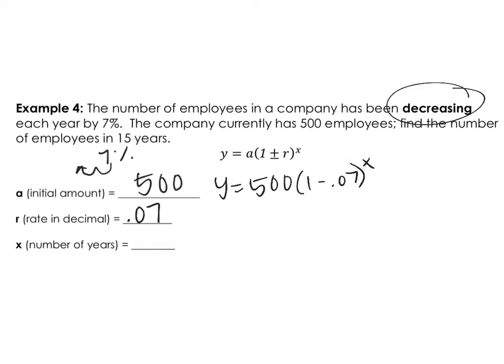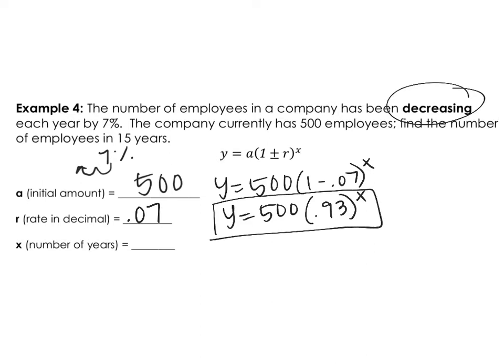If I combine my like terms in the parentheses, 1 minus 0.07 would give me 0.93 to the x power. So here I have my equation that's going to work for anything, but I want to know what's happening in 15 years. So I'm going to plug in that 15 into my x.